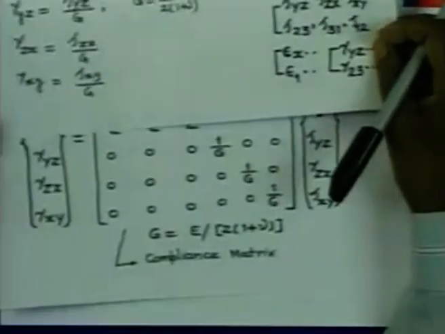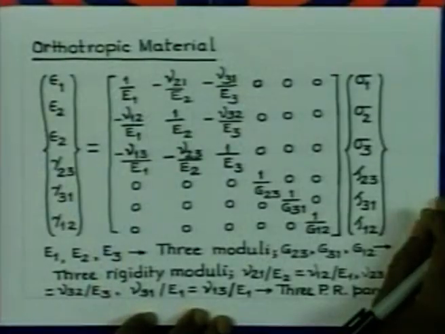Now, if we consider the material to be anisotropic, then we will have differences. So, let us first consider the material to be orthotropic.